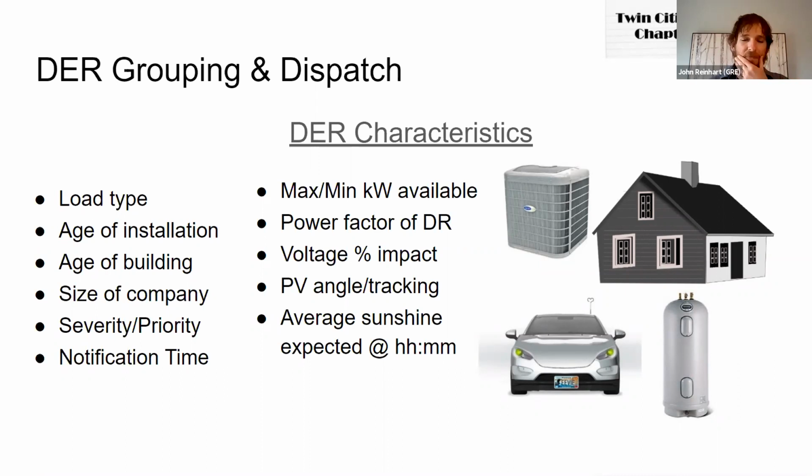Now, severity and priority is another one I think about, where it's maybe more critical to maintain freezer or refrigerator power so you don't have food spoiling in a pantry or cafeteria, whereas a water heater may have more resilience to an interruption because it's got a certain number of gallons of hot water it can withstand.